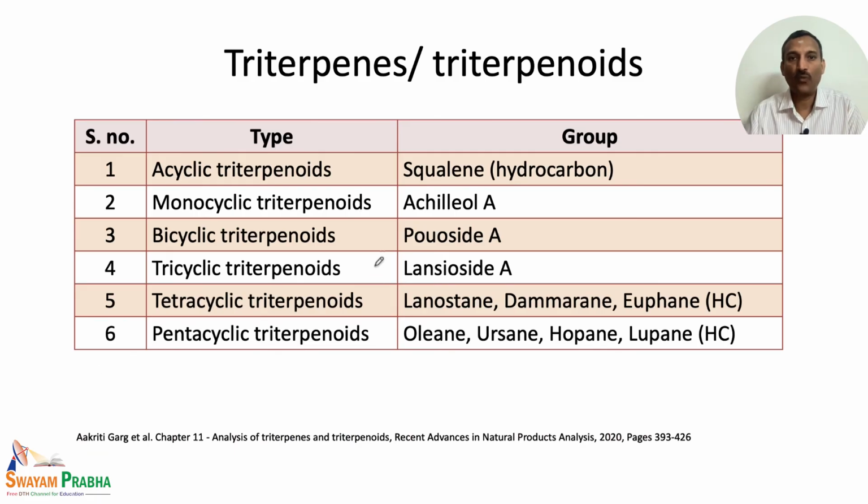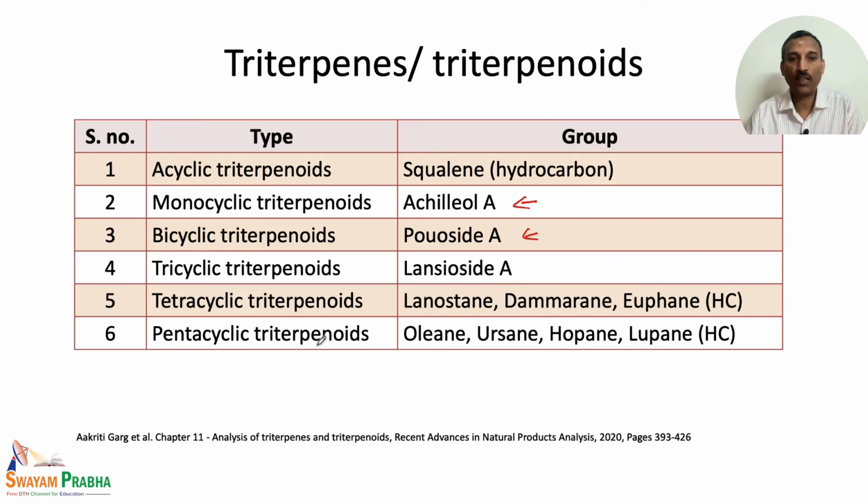And in fact, the triterpenes or triterpenoids are even broadly classified into various types. As we have seen, they may be acyclic triterpenoids. Squalene is the hydrocarbon unit that may be present in all these kinds of compounds. Monocyclic triterpenoids include achilliol, and bicyclic triterpenoid is an oxide, and for tricyclic triterpenoid an example is lancioside.